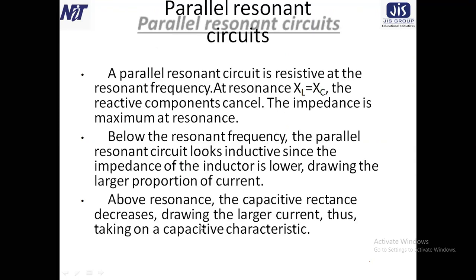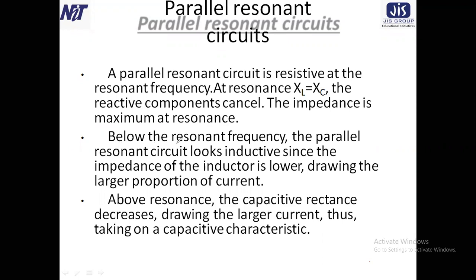Now this is the parallel resonance circuit. Here the parallel resonance circuit is resistive at the resonant frequency. At resonance XL equals XC, the reactive components cancel. The impedance is maximum at resonance.